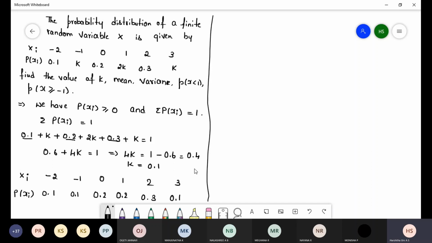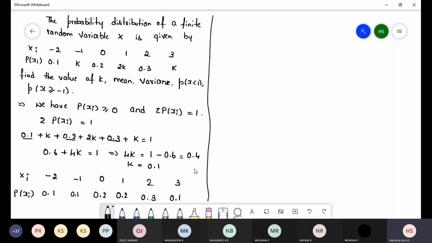For verification of whether your k is correct, in every problem, you have to add all the p of x and you must get 1. So here 0.4 plus 0.3 plus 0.3 gives 1. So our k value is correct.